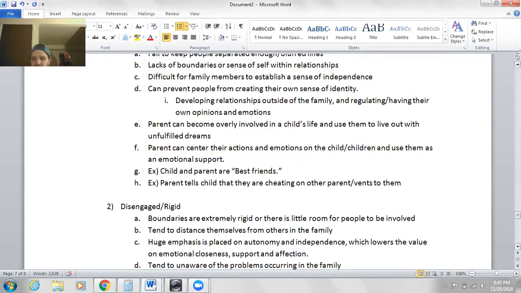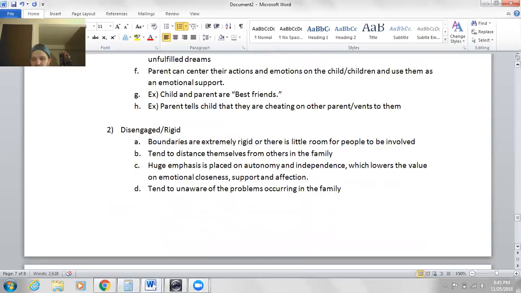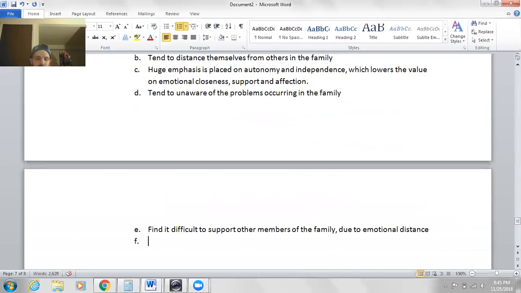And then a couple examples of disengaged or rigid. So family lives in same house but do not know anything about each other.